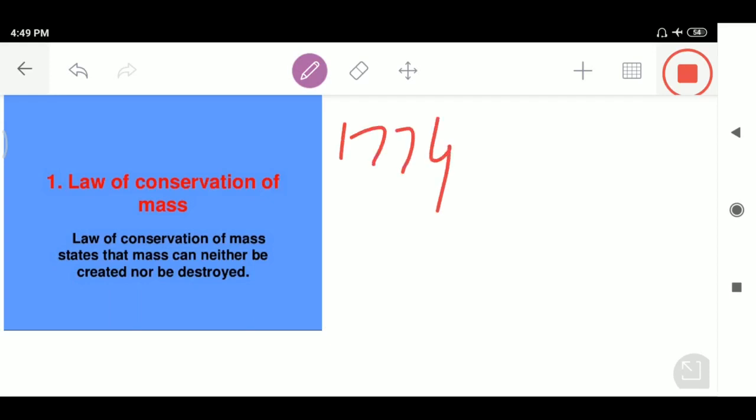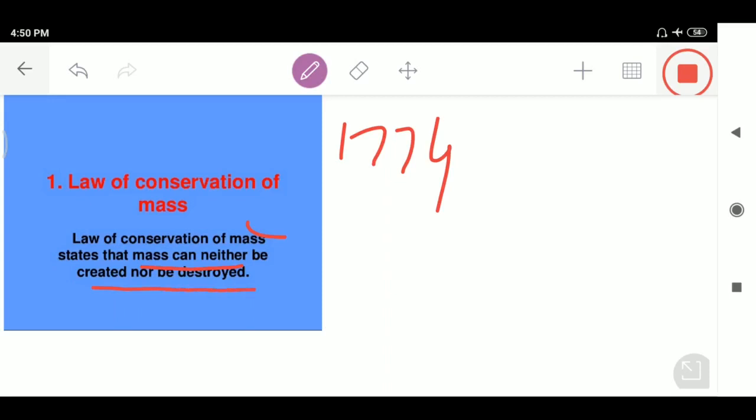According to him, during any chemical change, the total mass of the reactants is equal to the total mass of the products. In other words, mass can neither be created nor destroyed, but can simply change from one form to another.